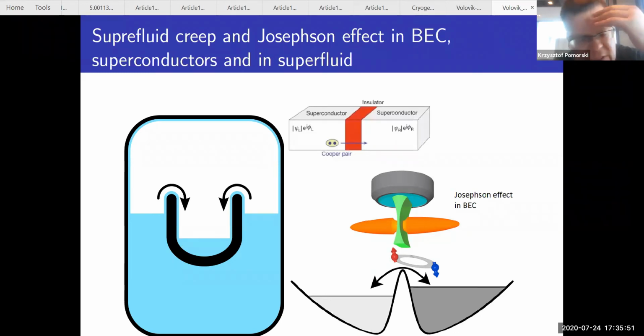This is a feature of superfluid flow that can actually look for the shortest path. That's quite a unique feature. This effect has no strict analogy in classical physics.